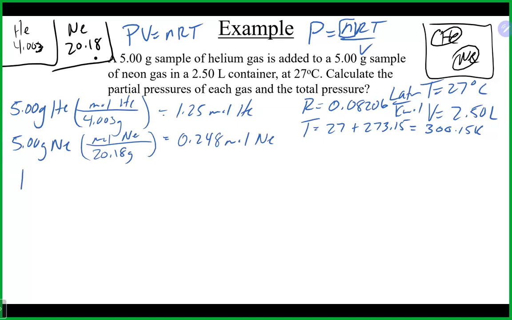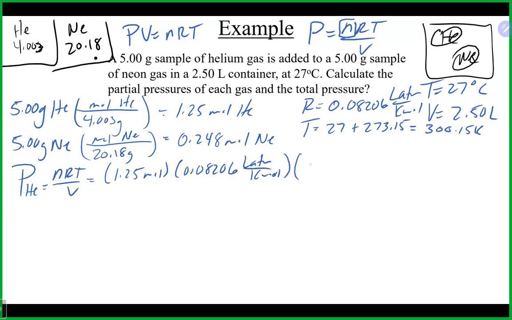Starting with helium, the partial pressure of helium will be nRT divided by V. Popping in our numbers for helium: 1.25 moles, 0.08206 for our gas constant, our temperature of 300.15 Kelvin, and our volume of 2.5 liters. It was in liters, so that is good.